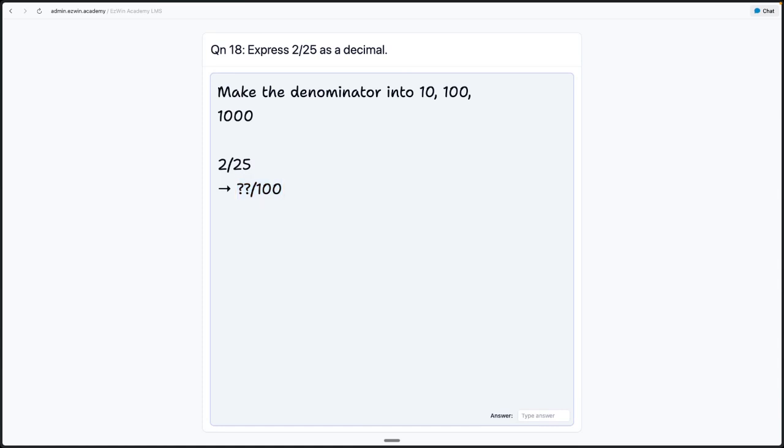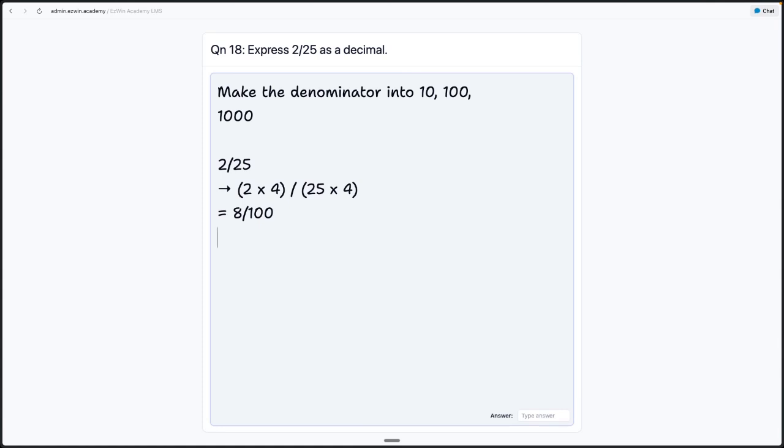If you have done a lot of this, you probably know. So 25 times 4, which means we do the same with the 2 as well. So this would then be 2 times 4, and this will equal 8 out of 100.